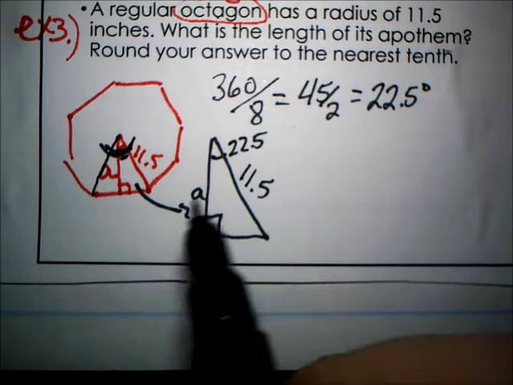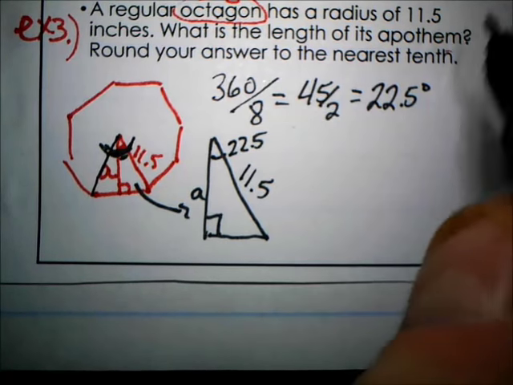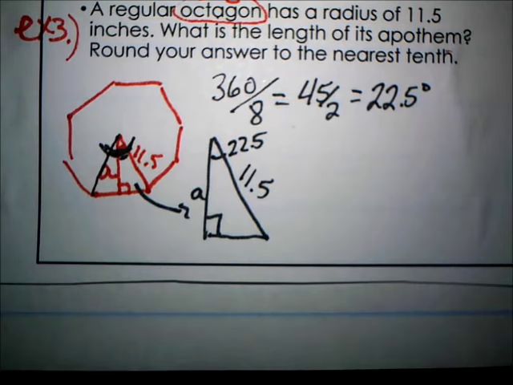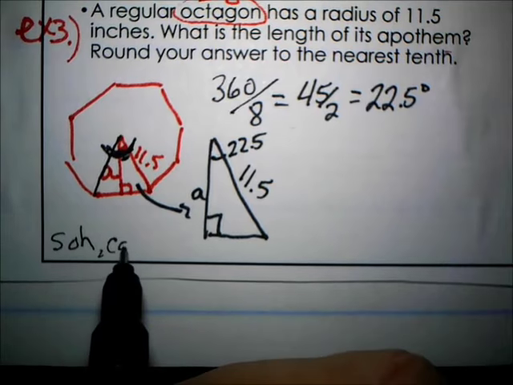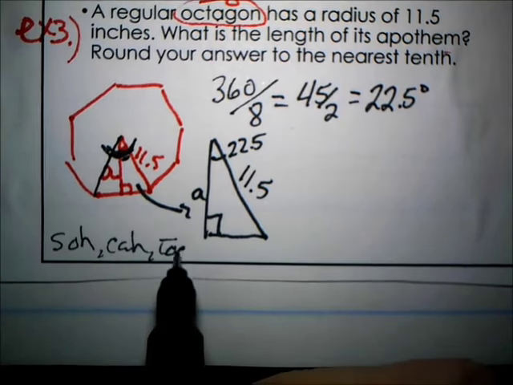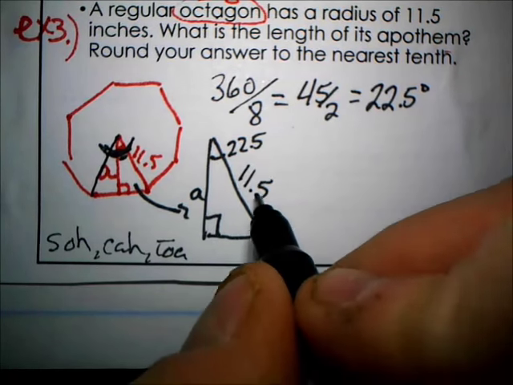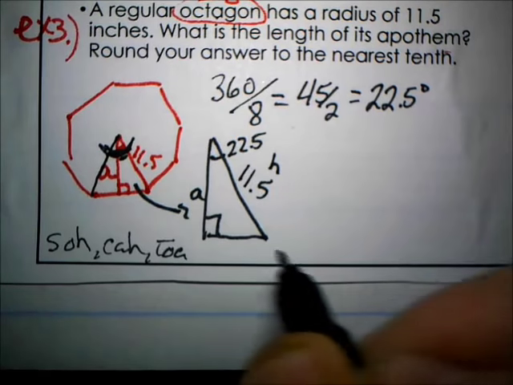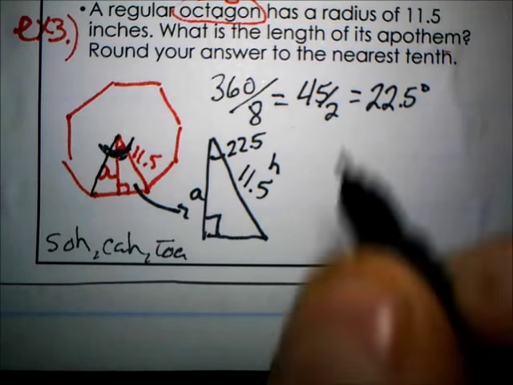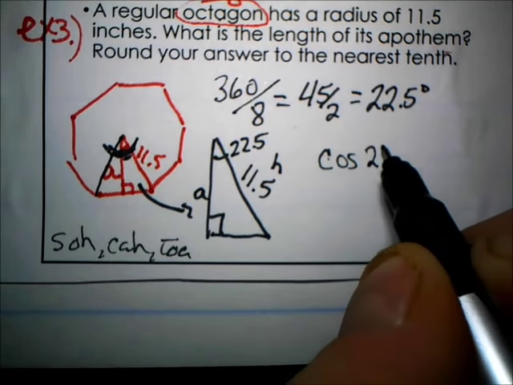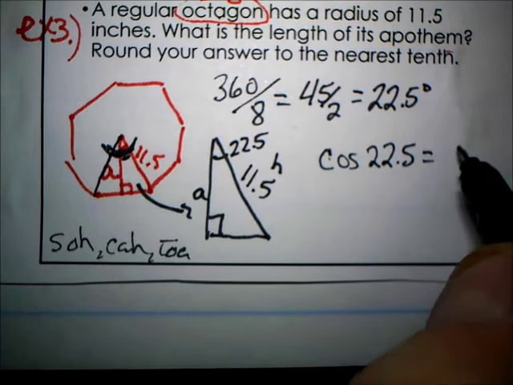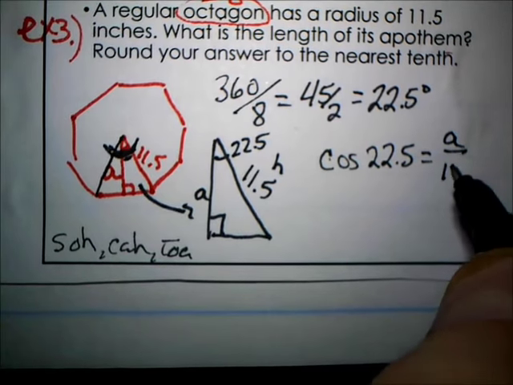Now, knowing two sides and an angle, my only option here is to use my trig ratios, the SOHCAHTOA. And if I label the 11.5, this is the hypotenuse, and the A is my adjacent to this angle, so that means I'm going to use the cosine of 22.5 is equal to A over 11.5.